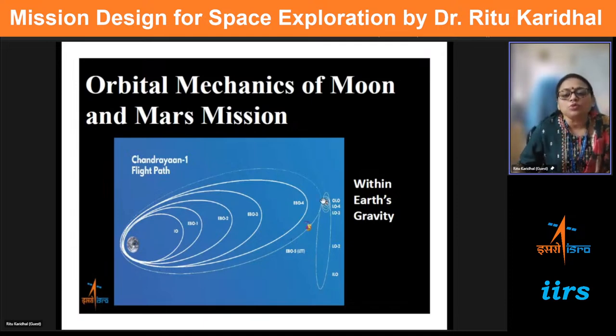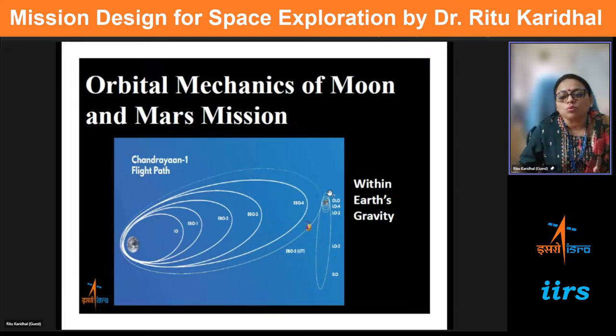Once we reach the moon, we know the moon is also revolving around the Earth. So after reaching the moon, here you can see the satellite is reaching the moon, and then there will be another elliptical orbit. We have to achieve another elliptical orbit, which will not be around Earth, but around the moon.